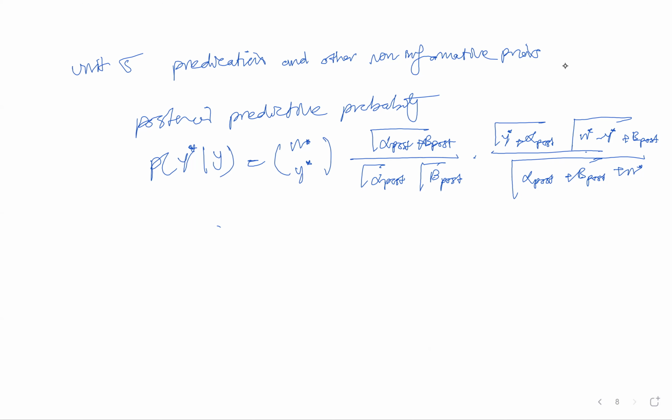Can you calculate the probability of Y star given Y? You can calculate using this formula. But in R, there is a function called pbetap that calculates this probability. This function is in a library called LearnBayes, so you need to run that first.